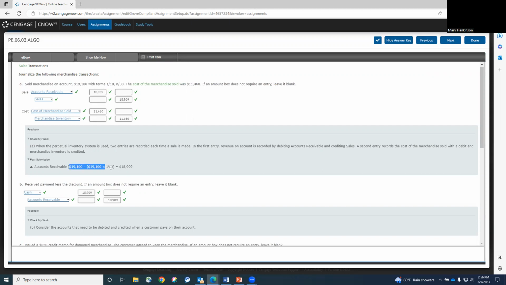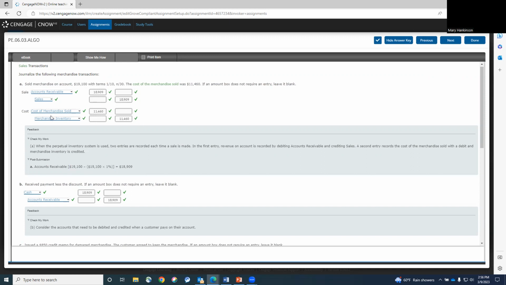So right down here, we can see the formula. You take the amount of the merchandise sold, the sale amount, multiply it by the 1%, and then subtract that from the total sales amount. And the discounted amount is now $18,909.